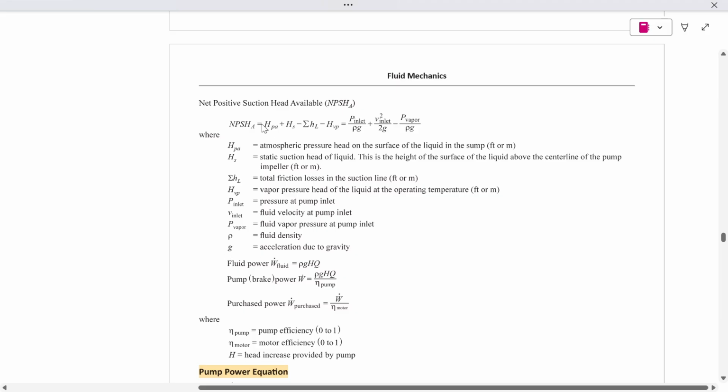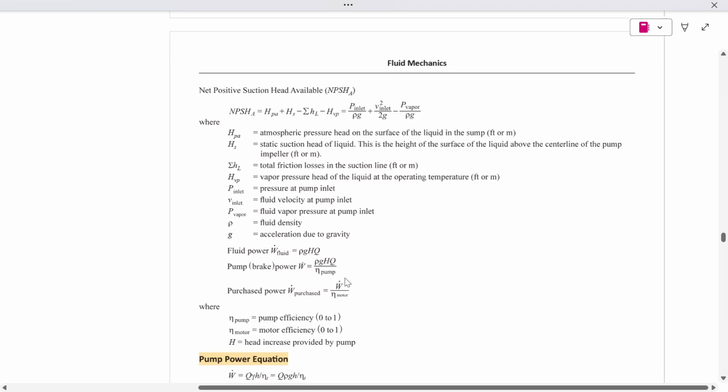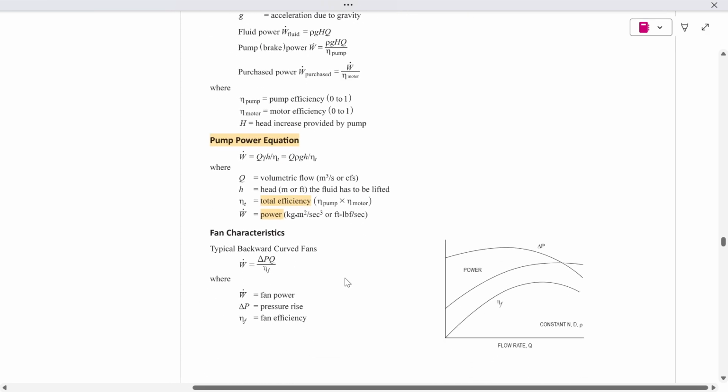Usually this problem never comes, but if they ask you for net positive suction head available, you can use this formula, and they give you the pressure head at the pump inlet and all that stuff. But usually this never comes. Fluid power, pump power, purchase power, yeah, it never comes.